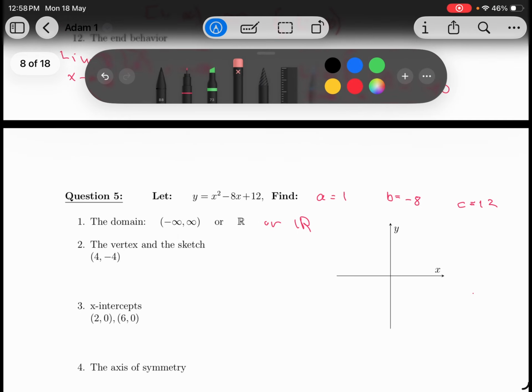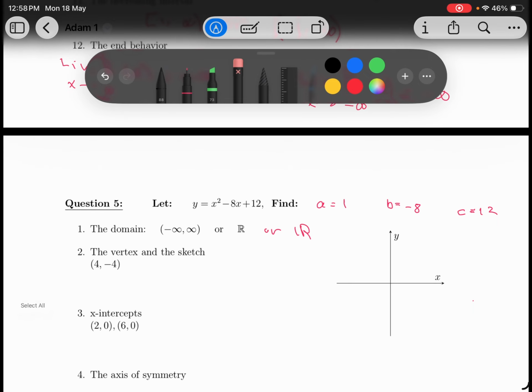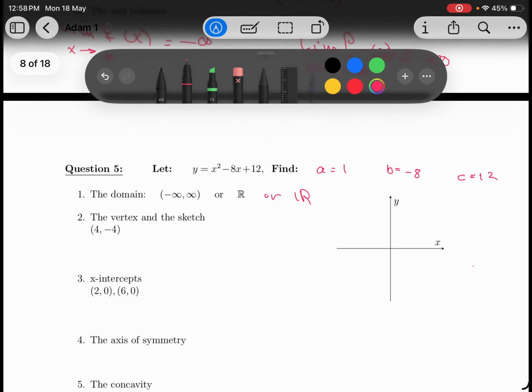And here the vertex and the sketch. The vertex here is minus b over 2a, along with the image of this guy in this function. So minus b over 2a, b is minus 8, so minus b is 8, divided by 2 times 1, which is indeed 4, and we'll plug this 4 in the function, f of 4.